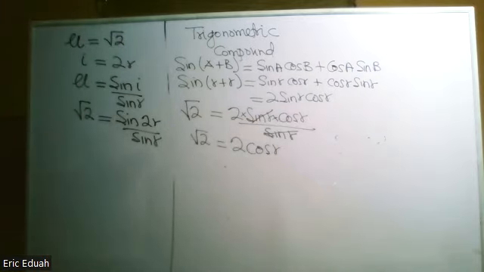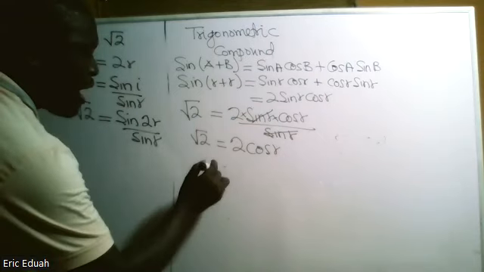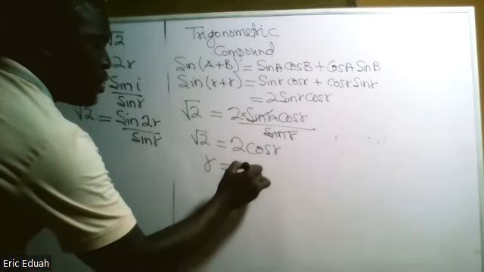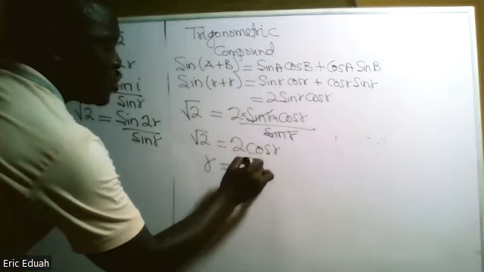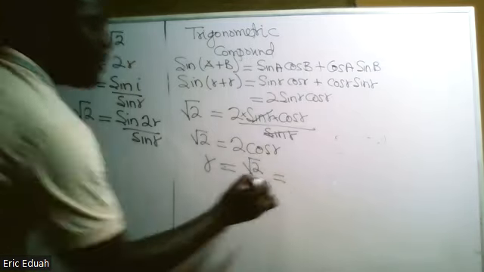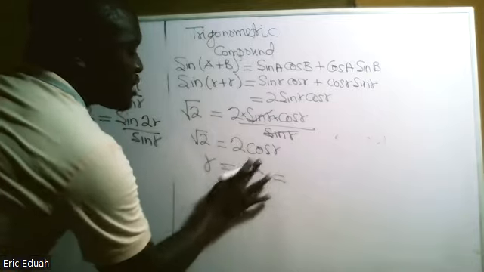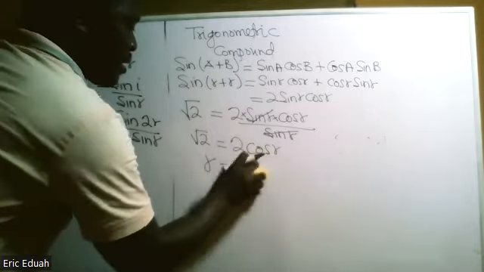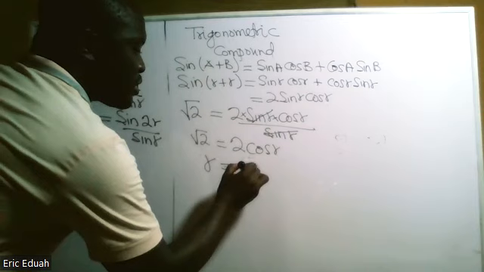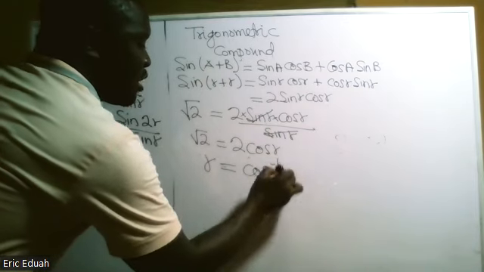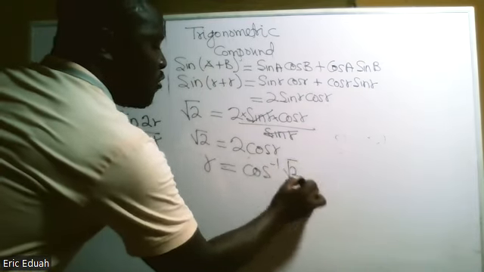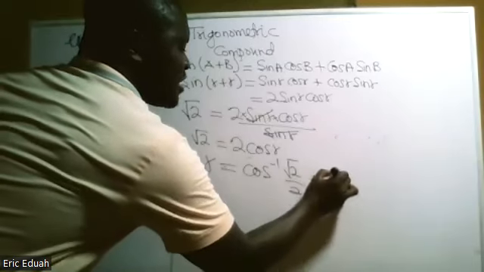Are you okay? Good. So this is what you now have. Therefore, cos r will be equal to root 2 over 2. So r will be equal to the cos inverse of root of 2 over 2, and this is 45 degrees.